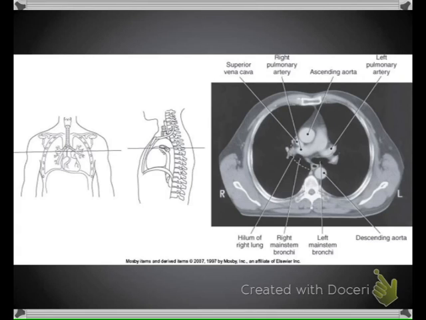This is the esophagus. We've already passed the carina, so it can't be the trachea, and so it has to be the esophagus. And notice the proximity. The esophagus sits just slightly to the right of the descending aorta and right in front or anterior to the azygos vein, which is right here.